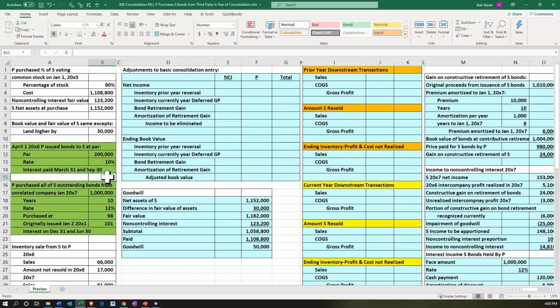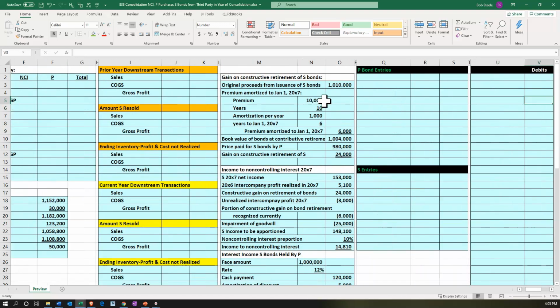Now, the good thing about this one, the accrual is a little bit more of a twist, but the good thing about it is these were issued directly from one to the other. Therefore, the entries on P's side should mirror S's side quite well. So let's first think about that accrual.